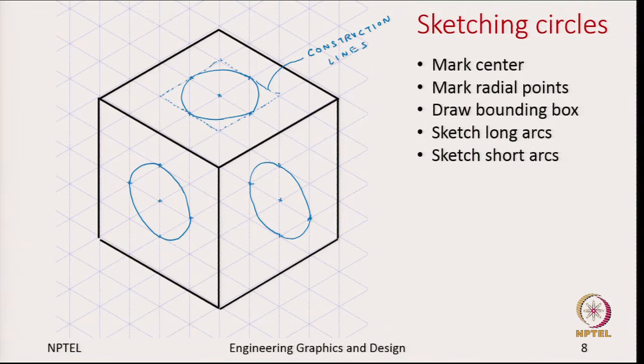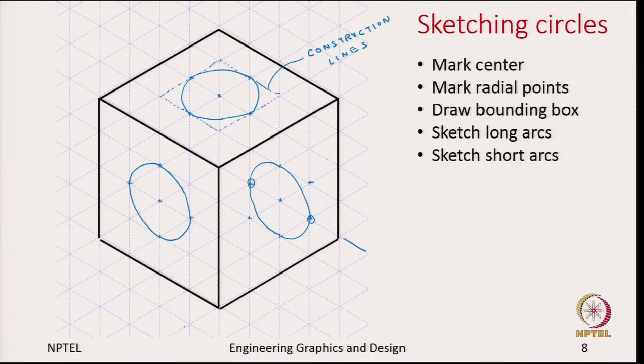Then what I got is an ellipse which is fine, but that does not look like a circle on the third face. The reason is that I have chosen the wrong radial points. Instead of choosing these radial points, I have wrongly chosen these radial points, because you see this line represents out of plane for this face.